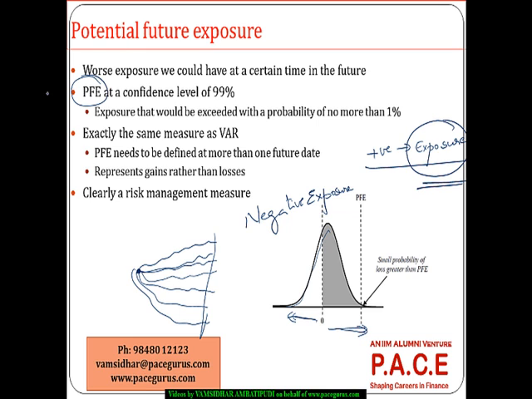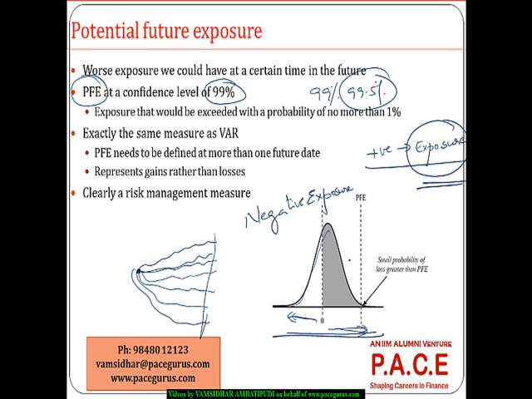Now, whenever we talk about the potential future exposure, it is defined at some confidence level, 99% confidence, 99.5% confidence. So it is always defined at some level of confidence.